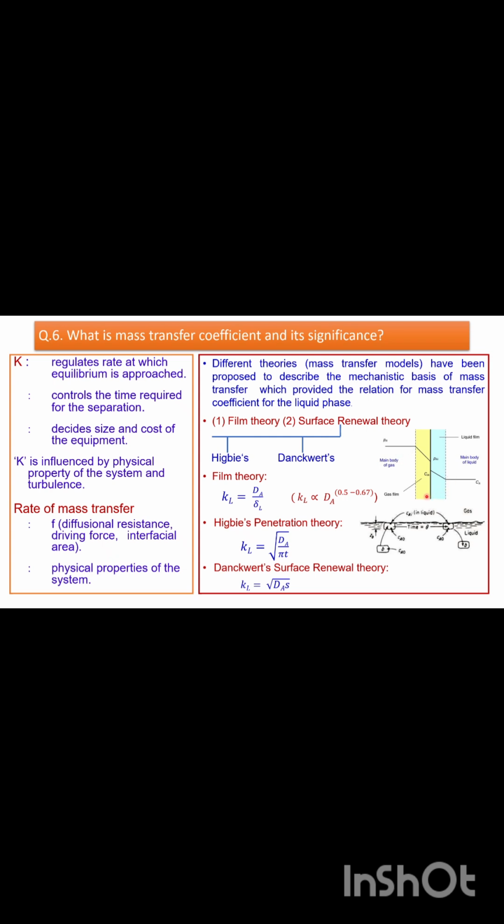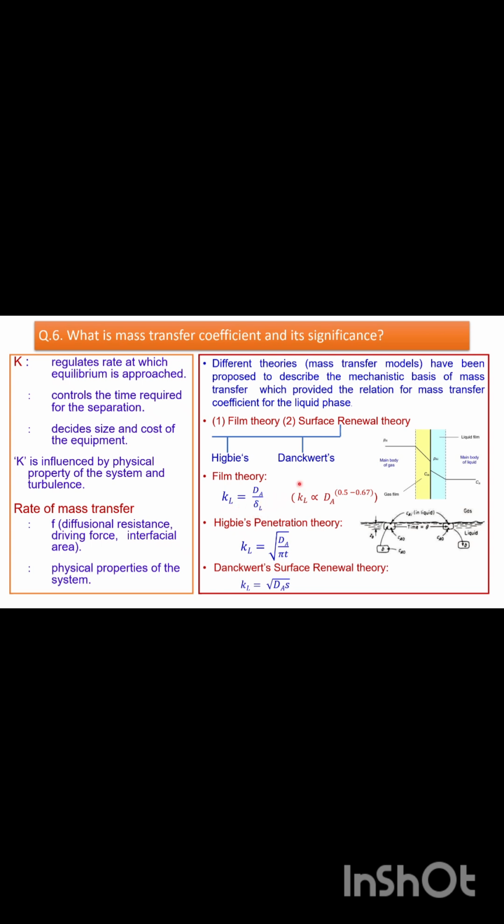The mass transfer process across this diffusion layer is in steady state condition, and as per film theory, the mass transfer coefficient is given by this relation, which indicates the mass transfer coefficient is directly proportional to the diffusivity and inversely proportional to the film thickness.